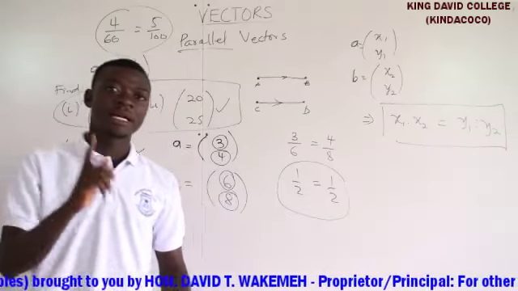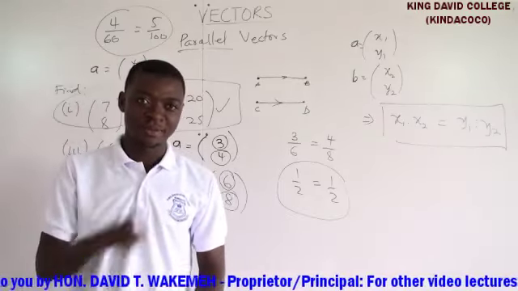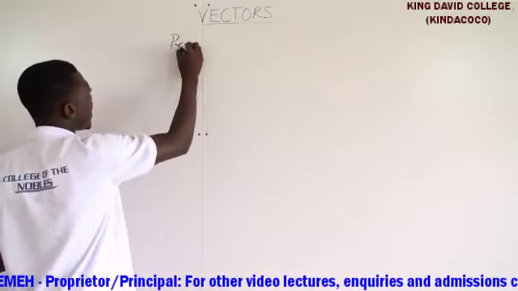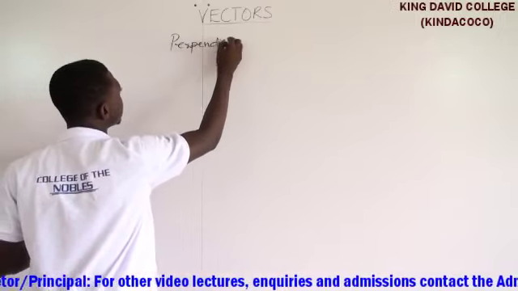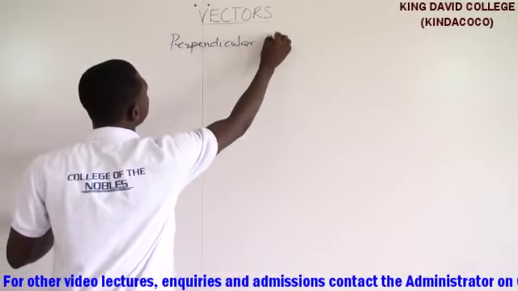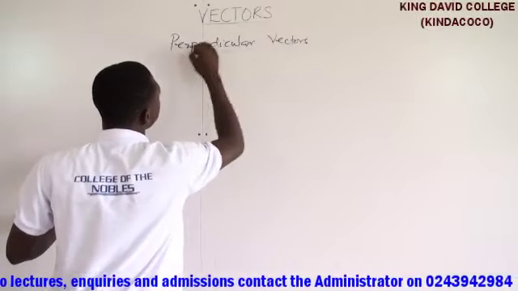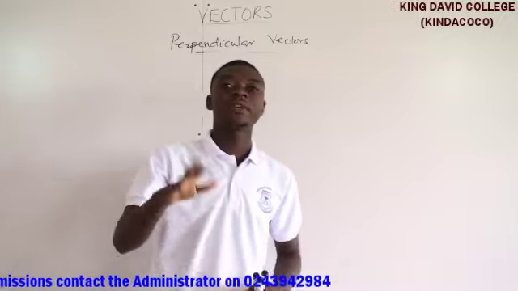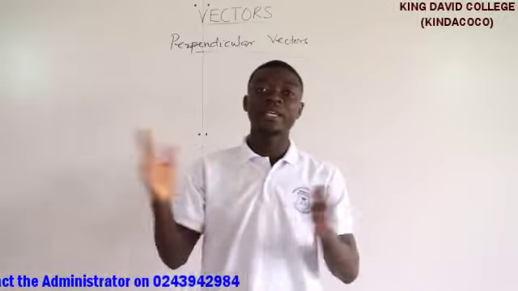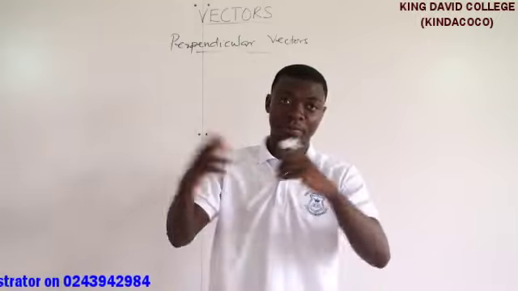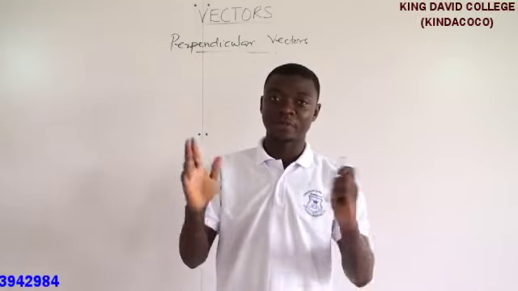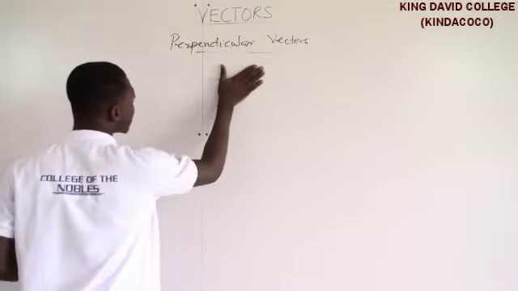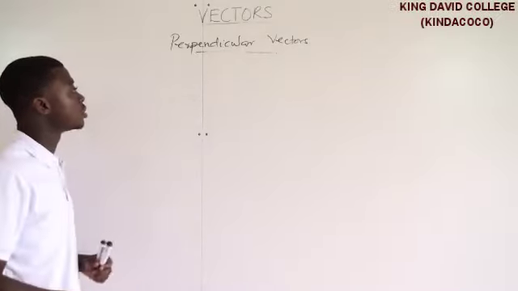Fine. Now let us go to perpendicular vectors. With the perpendicular, like I told you, we will be using the dot product as a tool to determine if two vectors are perpendicular.